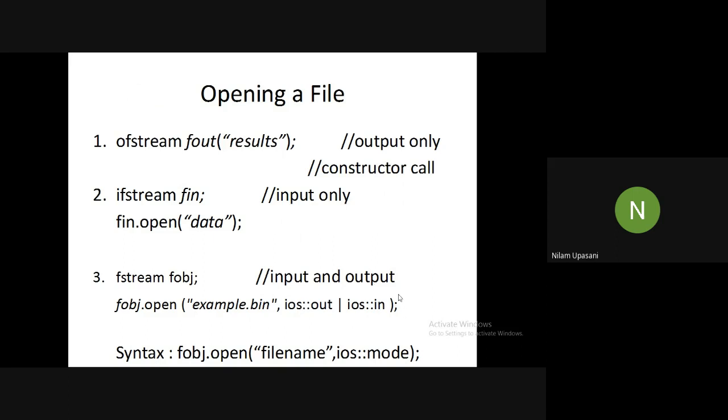The second is the operations that we want to perform on that file, whether reading, writing, or both. Here I want to perform both operations, so I'll mention in as well as out, and on this object I'll be able to perform both. Whereas in the other cases, the second parameter is not required, because the class name itself suggests that you are performing an output operation, since you are exclusively creating an object of ofstream.